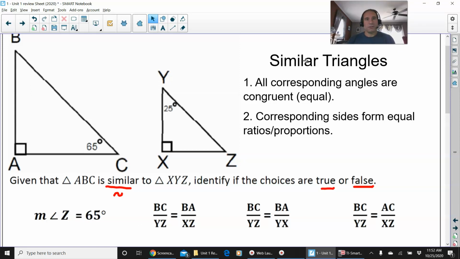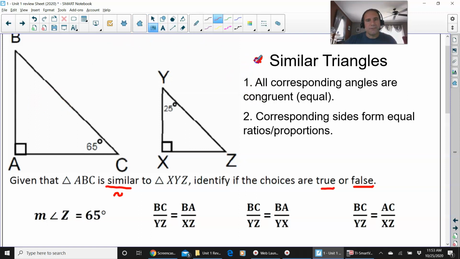All corresponding angles, same location angles, are equal. Doesn't matter the size. But corresponding sides of similar figures form equal ratios. Those two fractions with an equal sign in the middle form equal ratios if you match up the corresponding sides.